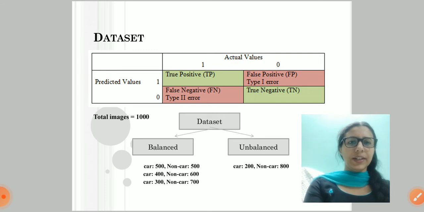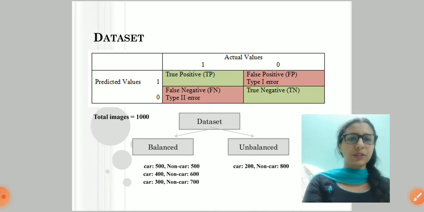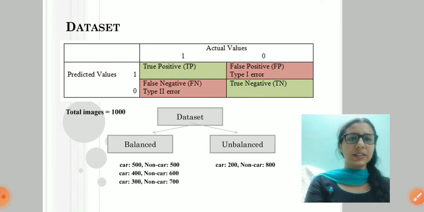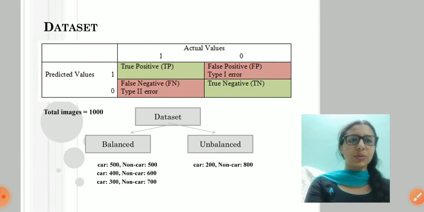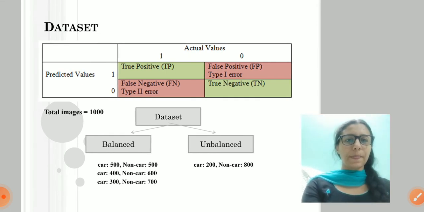On the left hand side, the data set is balanced if both the classes have 500 images, like 500 images of car and 500 images of non-car, because both the classes have an equal number of images.